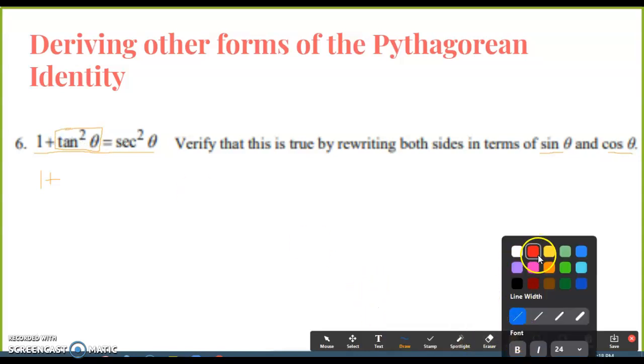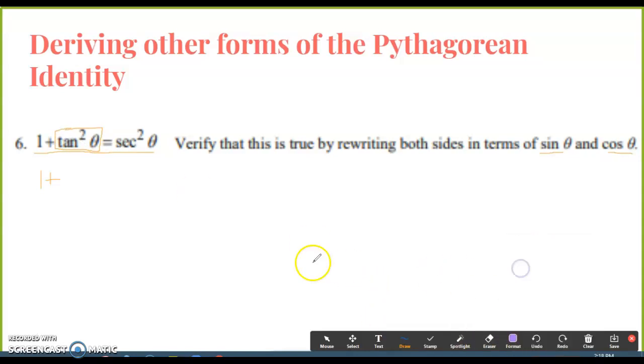Now remember, tangent of theta was the y divided by x, or our sine of theta divided by the cosine of theta. That was the identity, that's where that came from. But if we look at this tangent, it is squared, so that means that we're going to square. We're going to say this is sine squared of theta over the cosine squared of theta.